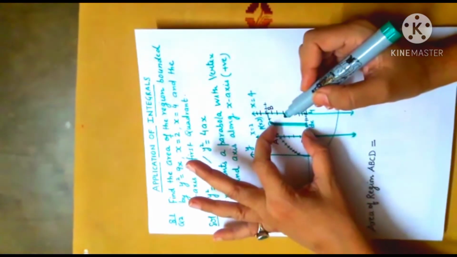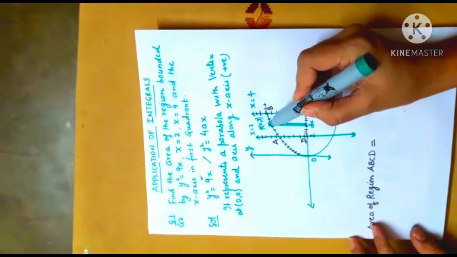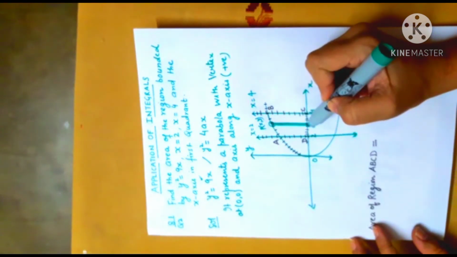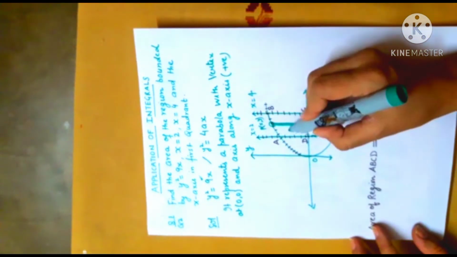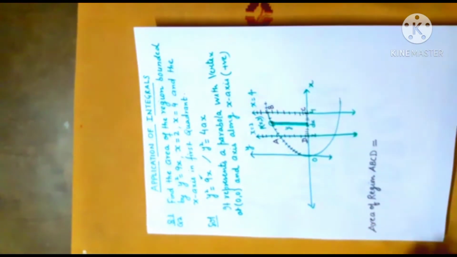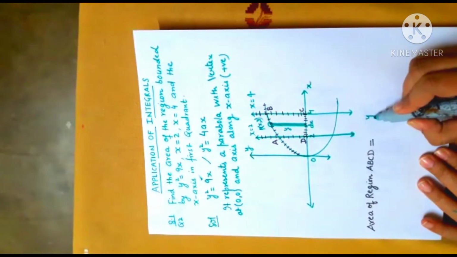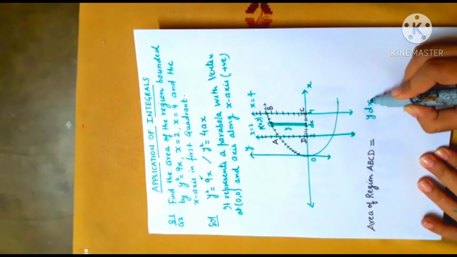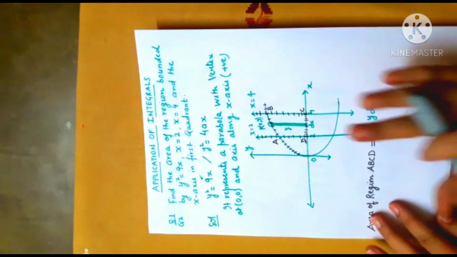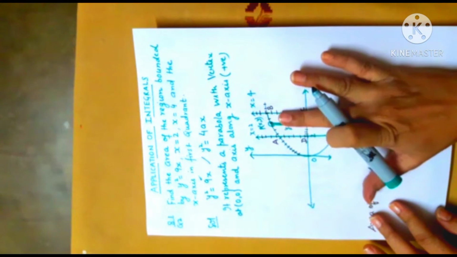Length of the strip will be this. It is the distance of the point P from x-axis, which will be equal to the y coordinate. So it is y. So area of this strip is y dx.